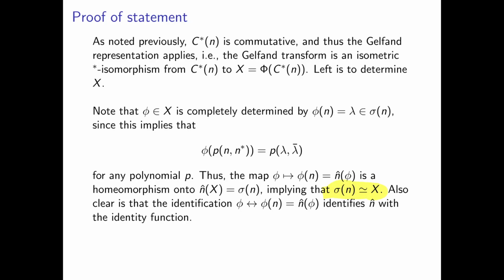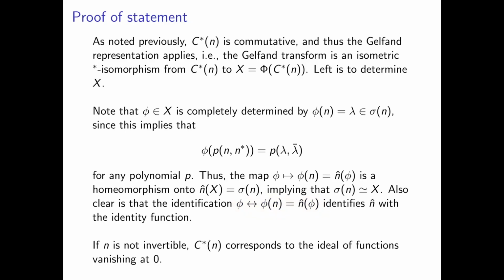And also pretty clear is that this identification, which identifies phi with phi evaluated at n, which is equal to n hat evaluated at phi, means that n hat evaluated at phi is identified with phi. So this identification identifies n hat with the identity function on the spectrum.